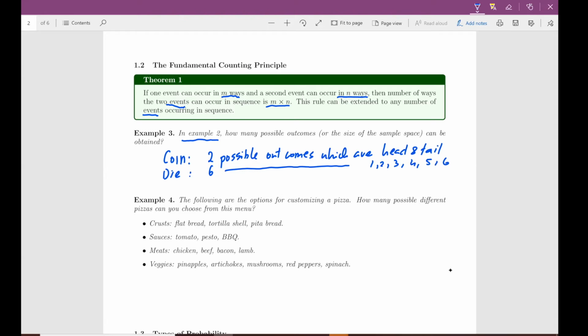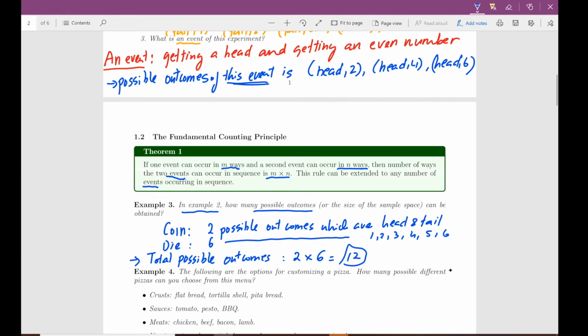So the total possible outcomes is 2 times 6 equals 12, and we can verify it up here.